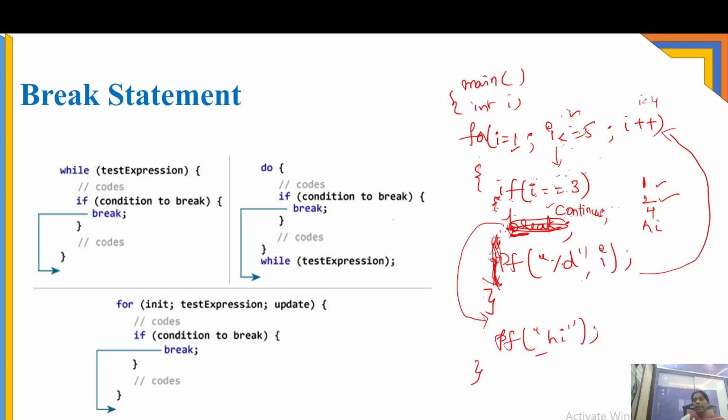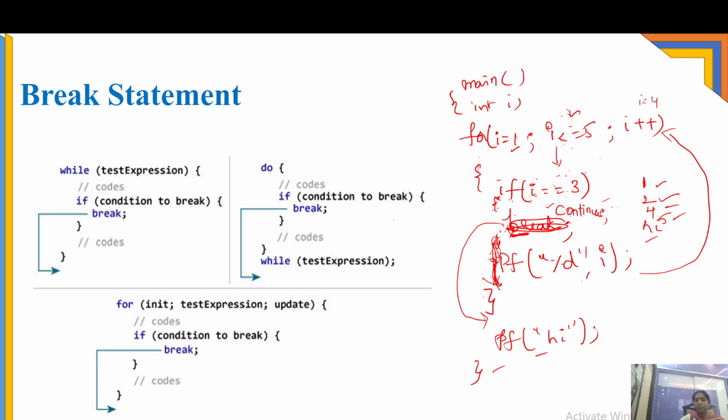Next, 5 <= 5, condition true. 5 == 3, no, 5 will be printed. Next, the condition becomes false, 6 <= 5, and it will execute printf hi. So the output is 1, 2, 4, 5, hi. This is the difference between break and continue, very important.